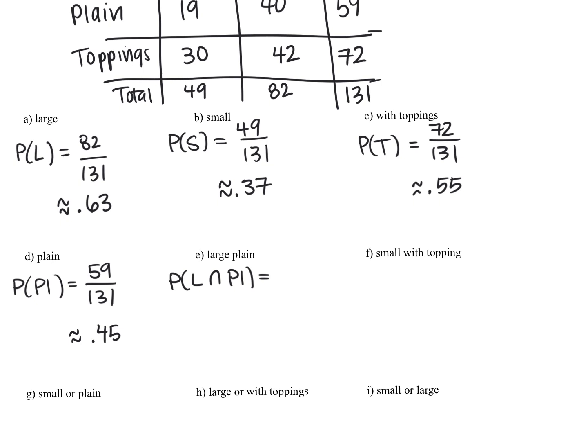So I go to large plain pizzas, and I get 40 over 131, which is about 0.31. Next, we have a small with toppings. So that's the probability of small and toppings, which if I go to my table, there are 30 out of the 131, which is about 0.23.